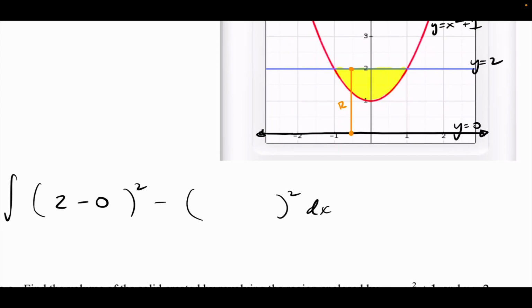The inner goes from the bottom of the yellow, so the stuff holding it in on the bottom. That's the parabola, right? The parabola is holding in the yellow on the bottom, and it extends to the axis of revolution.